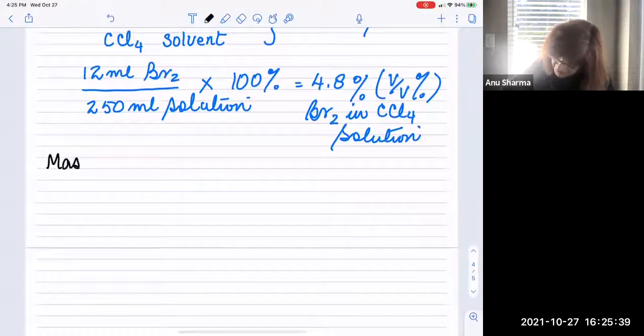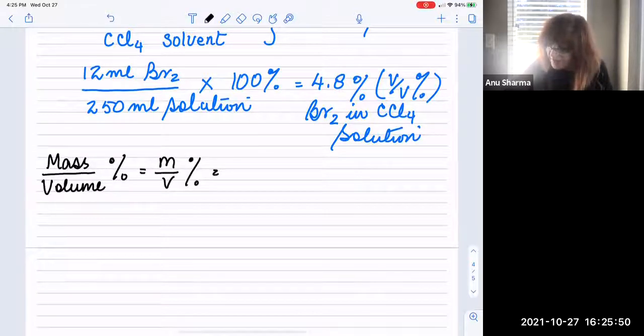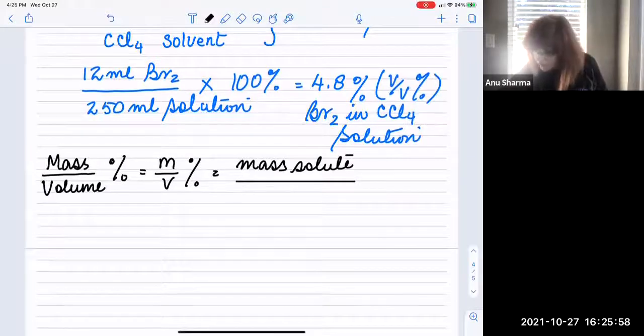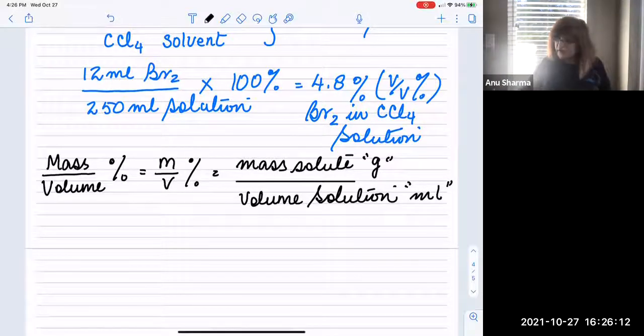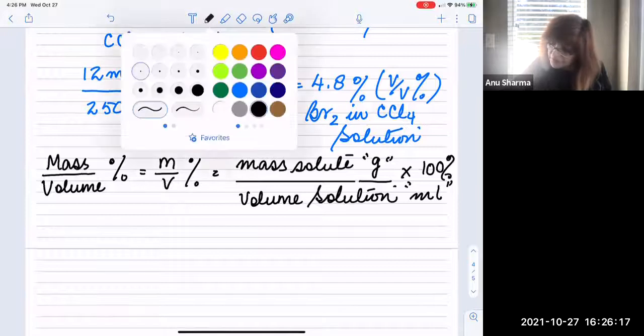Mass by volume percent is M over V percent, which means mass of the solute. So all the time solutes are going to be on the top, and the volume of the solution, always solution at the bottom. So mass is in grams and the solution is in milliliters, and sometimes it's in liters, it doesn't matter. Okay, so this is times 100%. Okay, so what do you get here?